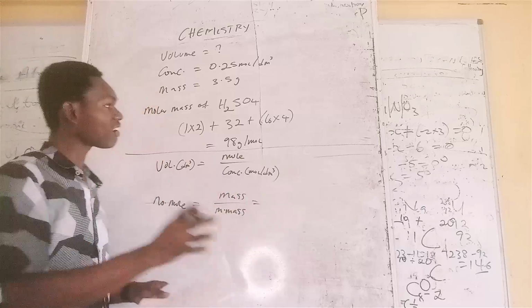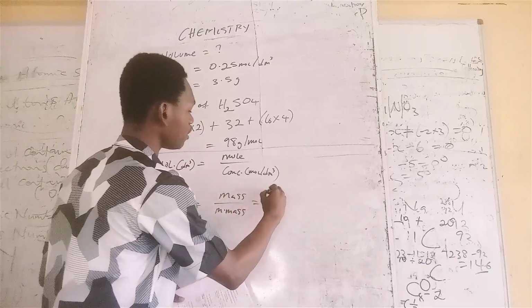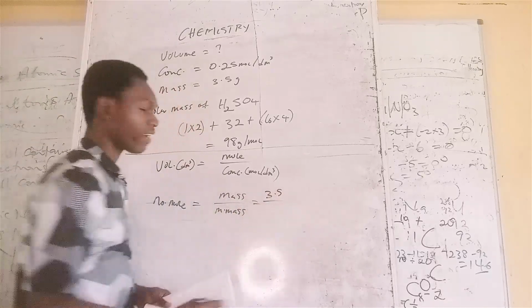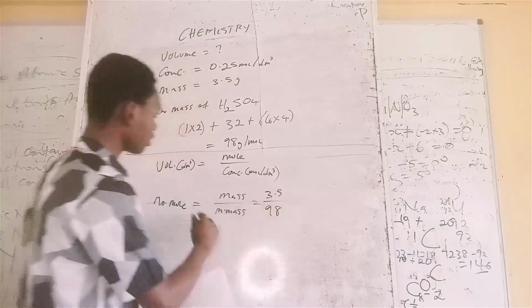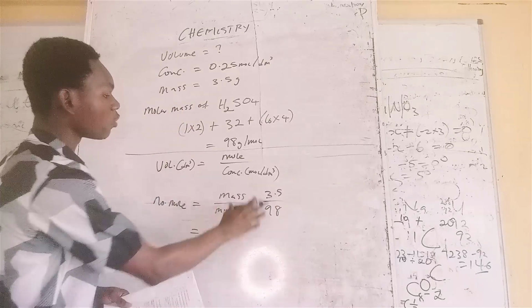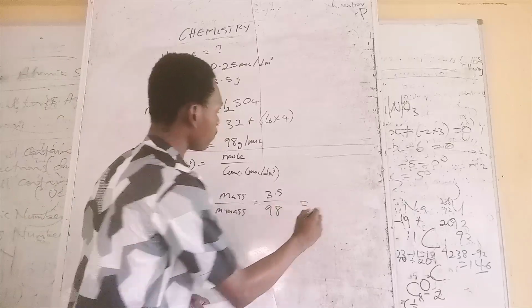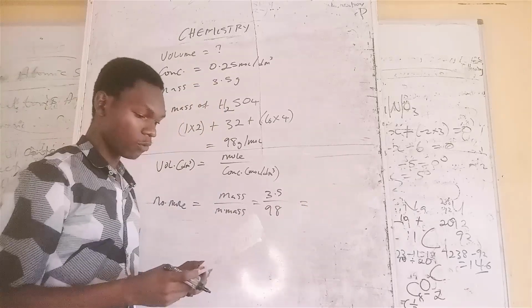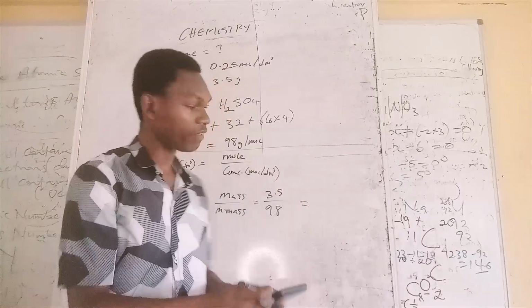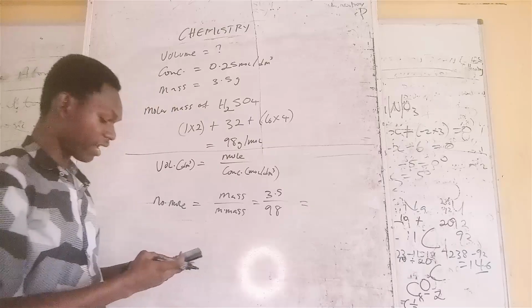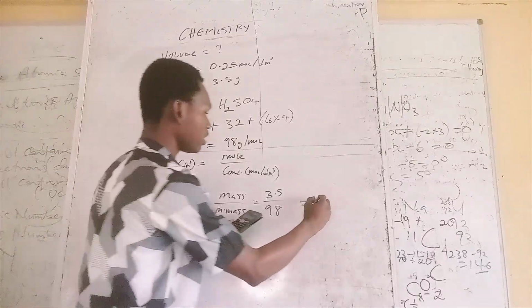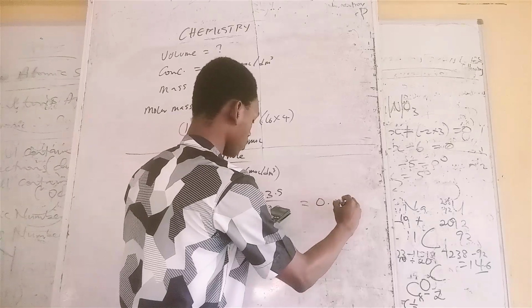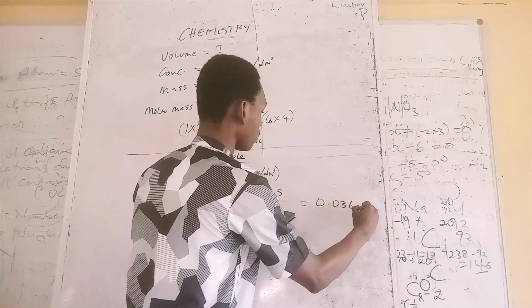And our mass that was given to us is 3.5 divided by our molar mass, which is 98. So if we simplify that, our number of mole will be equal to 3.5 divided by 98, which gives us 0.036 mole.